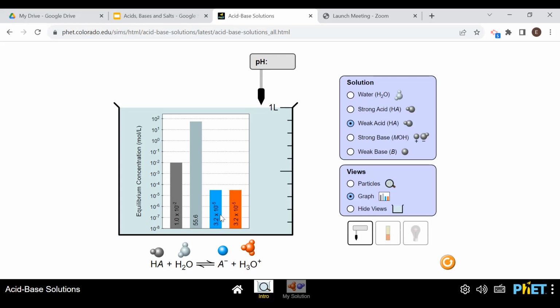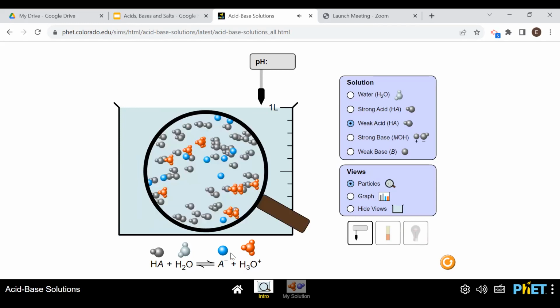We still have it partially ionized. Not 100% ionized, it's partially ionized. That's a weak acid. Okay. So you see that? You don't have a lot of hydronium ion. It's partially ionized. That's why it's a weak acid.